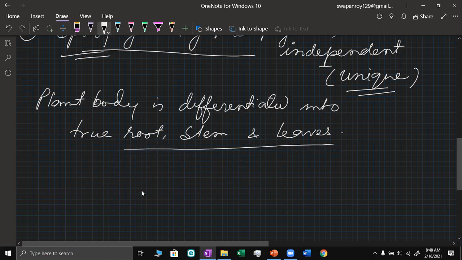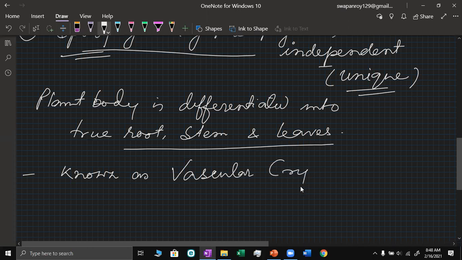This is important. They are vascular plants, but they do not produce seed. These plants, pteridophytes, are known as vascular cryptogams.